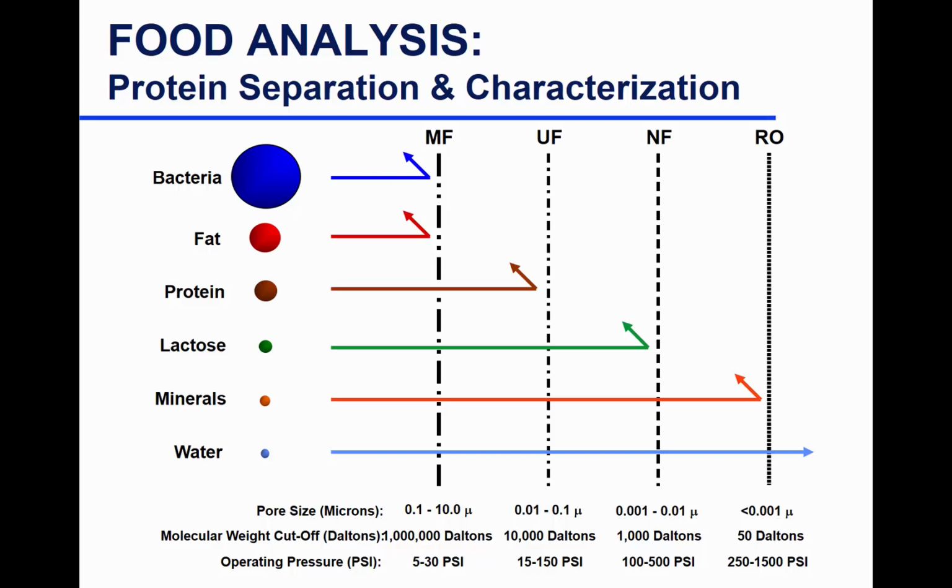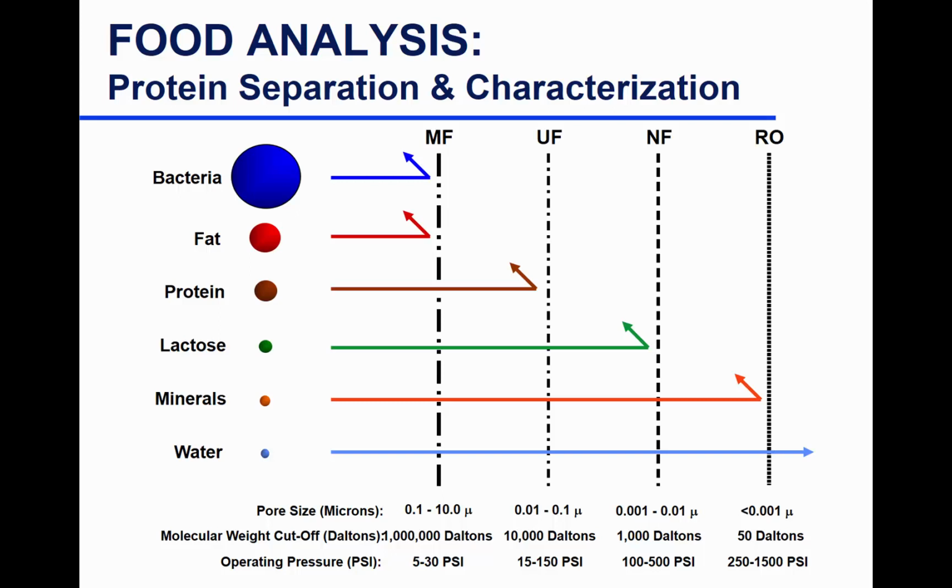So if we take milk, what's in milk? Of course, we have bacteria in milk, fat, protein, lactose, minerals, and water. I want to separate the different components. If I put microfiltration there, I'm retaining the bacteria and the fat, and protein, lactose, minerals, and water pass through. If I have another membrane with ultrafiltration size, then I'm retaining everything greater than 10,000 Daltons, which are mainly the proteins. So I'm retaining the proteins, and lactose, minerals, water will go through.